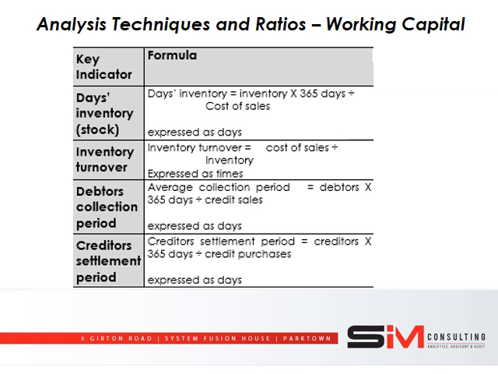Inventory or stock turnover, the formula for that is cost of sales divided by inventory or stock. That should be expressed as times. That is, the higher the number of times your stock is turning over, the good news is for your business.